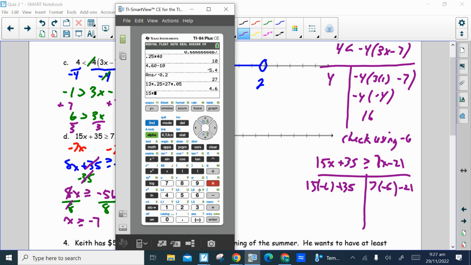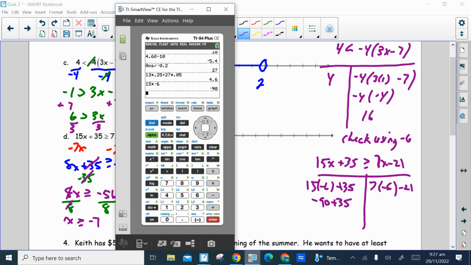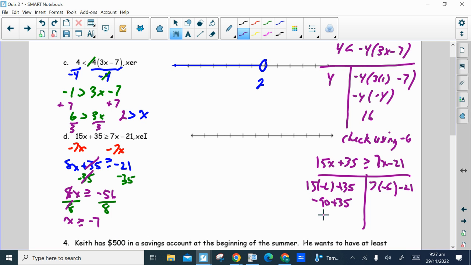So 15 times -6 is -90. Plus 35 is -55. And that should be bigger or equal to the number on the right. 7 times -6 is -42. Take away 21 is -63, and it works. The number on the left is greater than or equal to the number on the right.